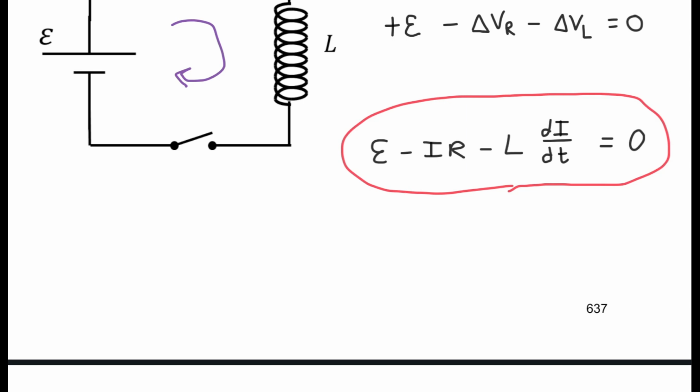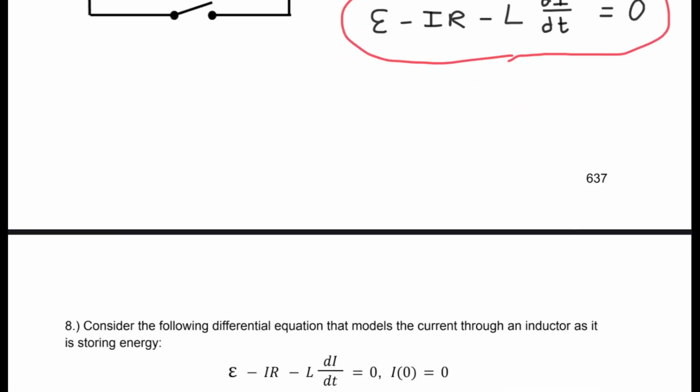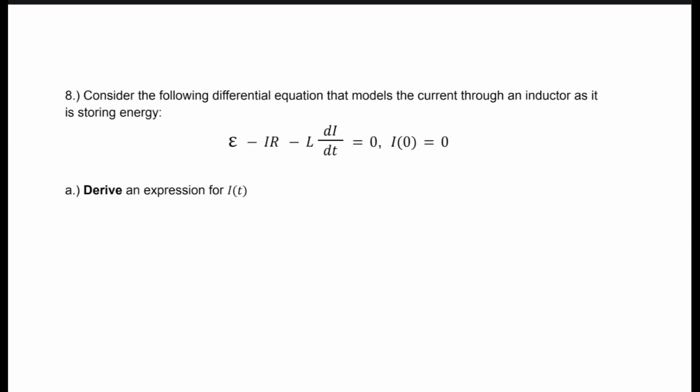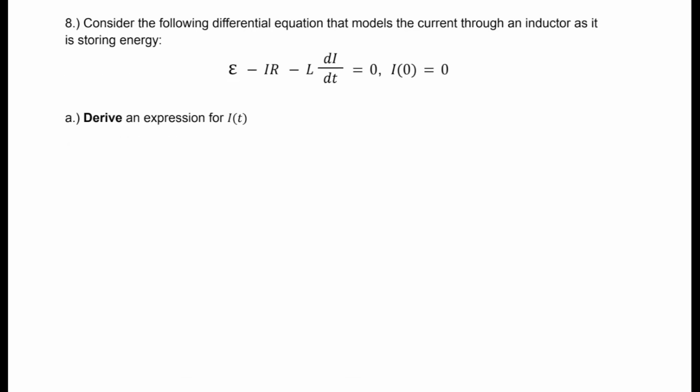So now, of course, we're going to solve this. So consider the following differential equation that models the current through the inductor as it's storing energy, which is the one we got on the previous page. Derive an expression for I of t. So we're not assuming we know anything about what the answer will look like yet, and hopefully we get the advertised parent function.